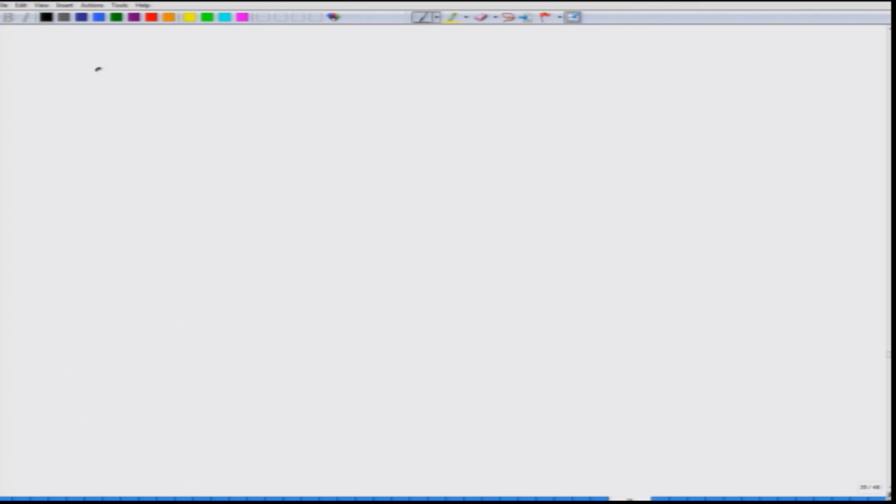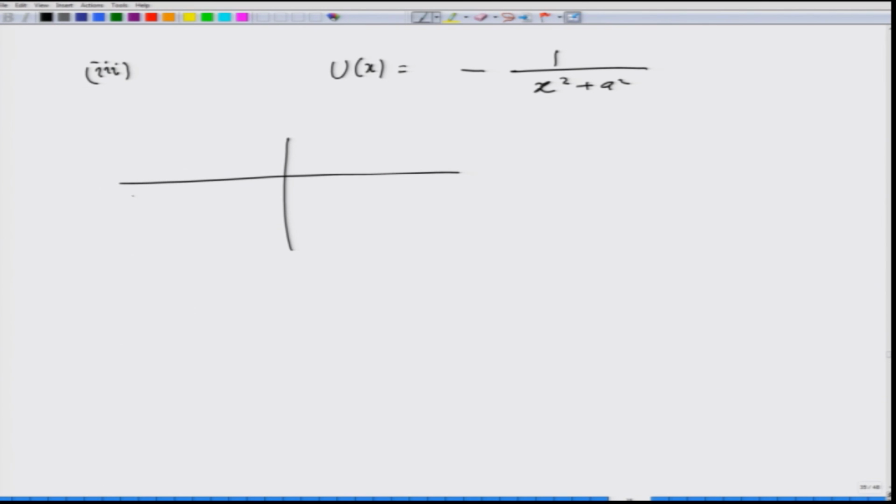In part 3, I have taken potential energy to be just the negative of what it was in part 2. So, the potential energy in this case is like this. This is minus 1 over x squared plus a squared, and the force would also be exactly opposite of what we saw earlier.